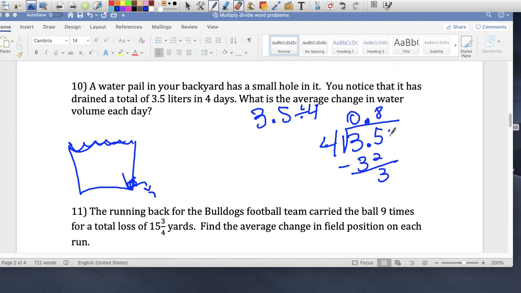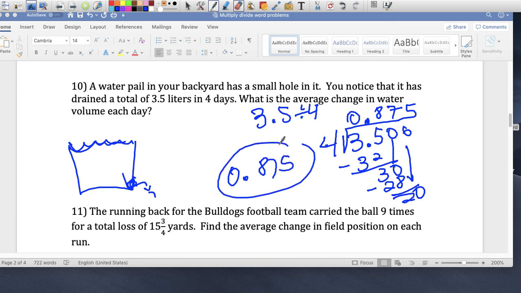Subtract, you get 3 left over. Let's bring a 0 down. 4 goes into 30 7 times, which is 28. Subtract, you got 2 left over. Bring another 0 down. Now 4 goes into 20 5 times. So how many liters did it leak every day? 0.875 liters every day.